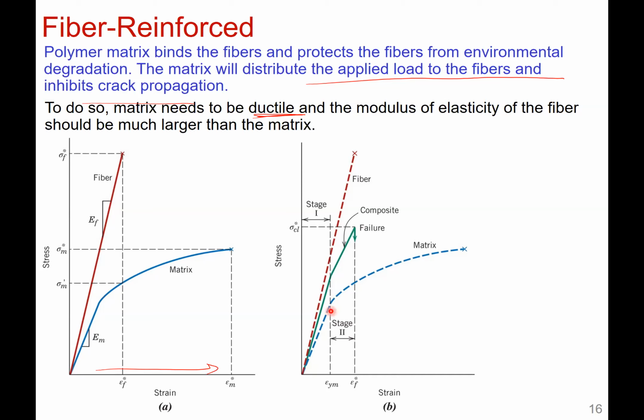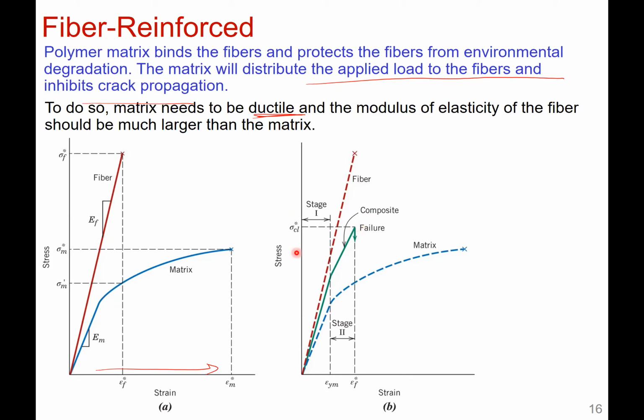In stage 2, there will be some plastic deformation taken on by the matrix. But up to a certain point, there's going to be some failure, and that point will be the point of fracture for the fiber, right? So that's where your composite is going to fail.